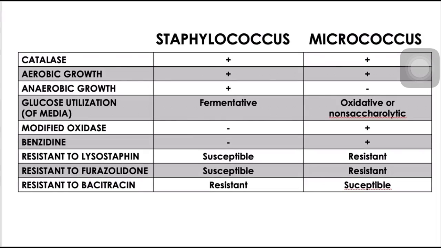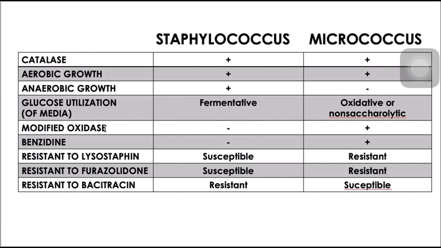Okay, going back here, so we're done discussing the carbohydrate oxidation fermentation media, comparing Staphylococcus, which is fermentative, and Micrococcus, which is oxidative. So let's now move to your modified oxidase.